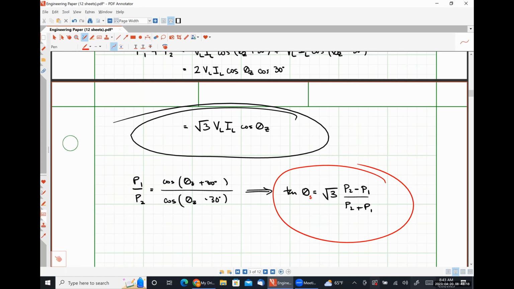Our power factor angle will also be the angle. So, you were asking if it was theta Z? Yes, it is the same thing because theta S and theta Z are by definition going to be the same thing. So yeah. All right, I'm done.